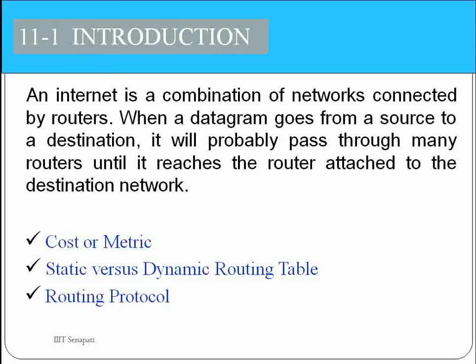So if it is done automatically, it is dynamic. If it is done manually, it will be called static tables. If something is being automated, then we will need some programs, some rule based things. I should say we will need some algorithms.